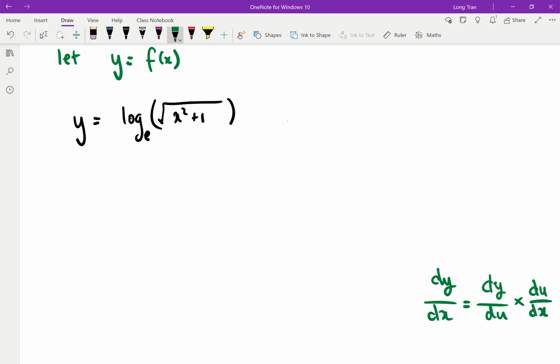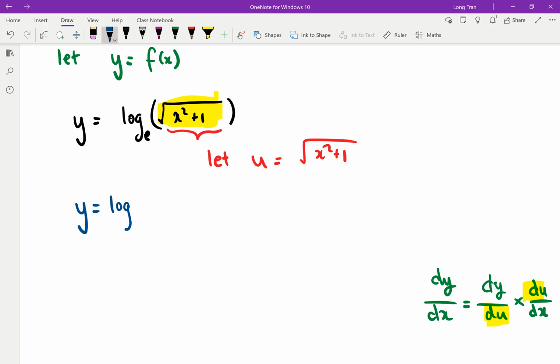This third variable is going to be the key thing. What can I introduce to make my life easier? The square root of x squared plus 1 is a problem. If I let u equal the square root of x squared plus 1, this makes my life easier because the equation becomes y equals log e of u instead.